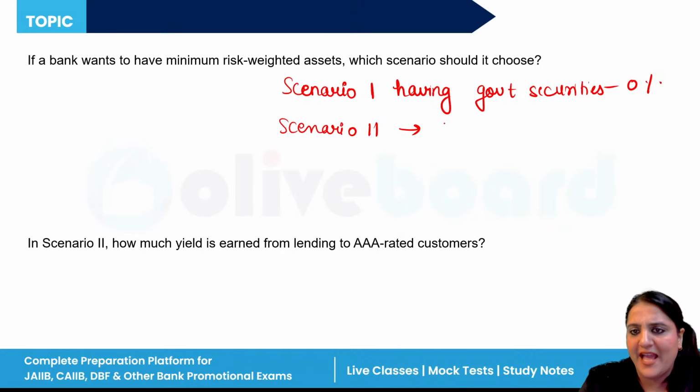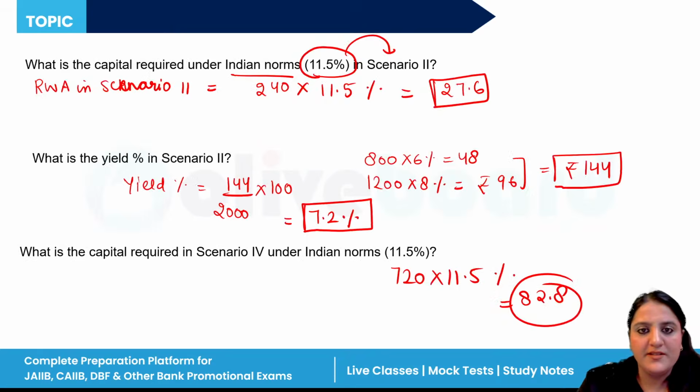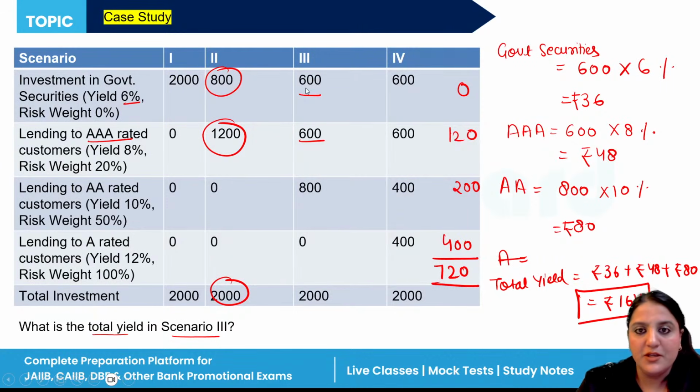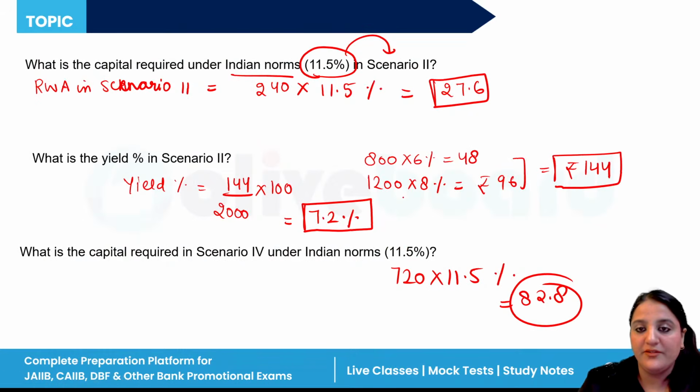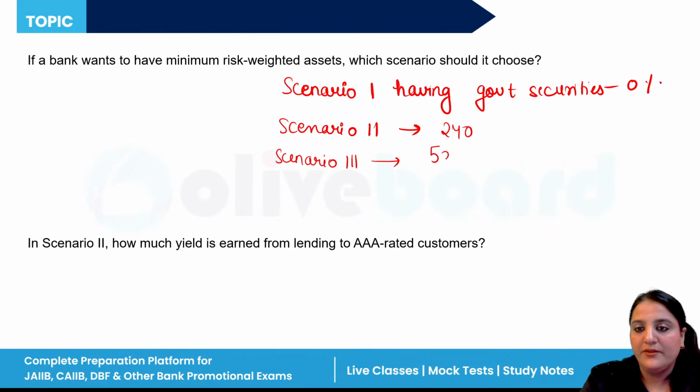We already calculated that. For scenario third, what is the risk weight? 0% of 600 is 0, 20% of 600, and 50% of 800. That means 520, right? That is 520 for scenario third. And for scenario fourth, we already calculated 720 in the previous question.